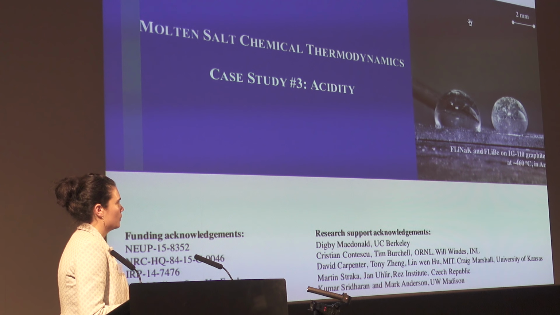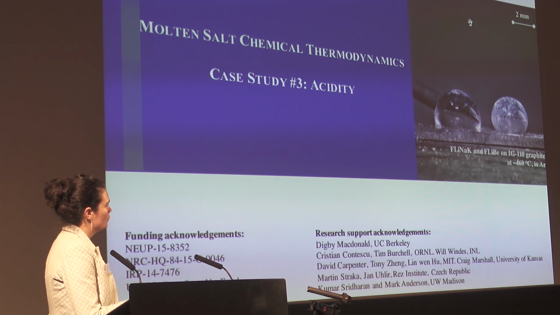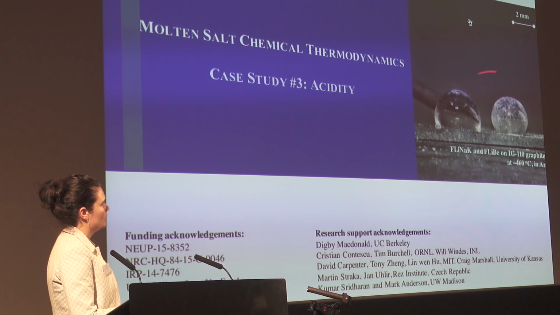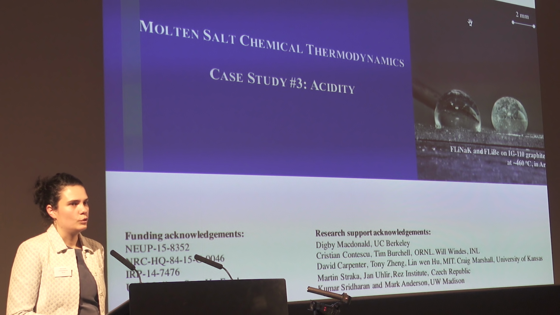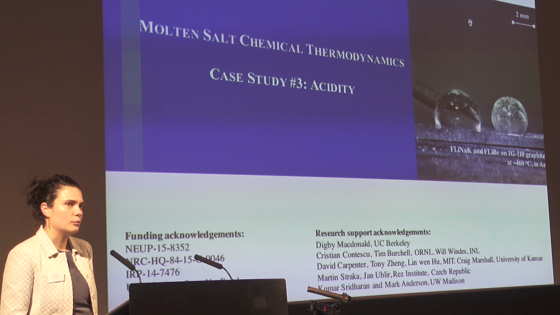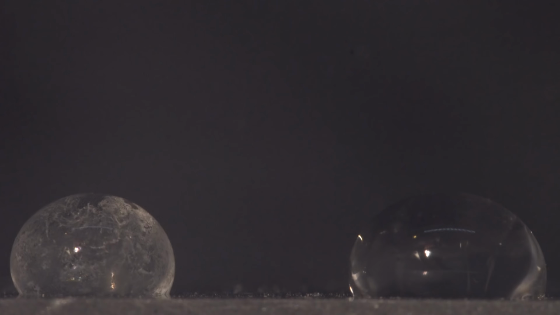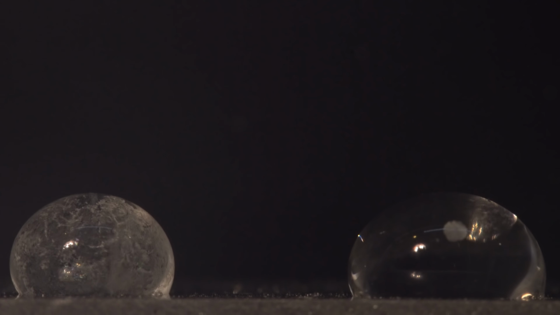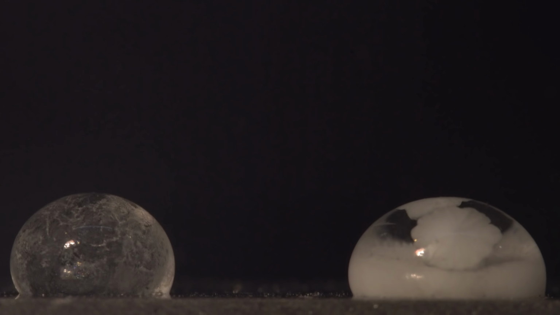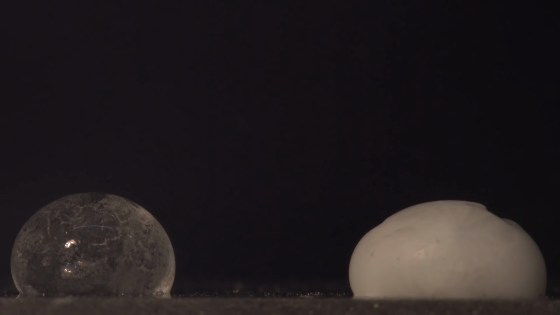Your other question was about nucleation, and we also use this same setup with the video version of it to look at solidification studies. We're interested in modeling and characterizing freezing, especially with fluids that supercool, and FLiBe is one fluid that can supercool down to 50 degrees or maybe even more.